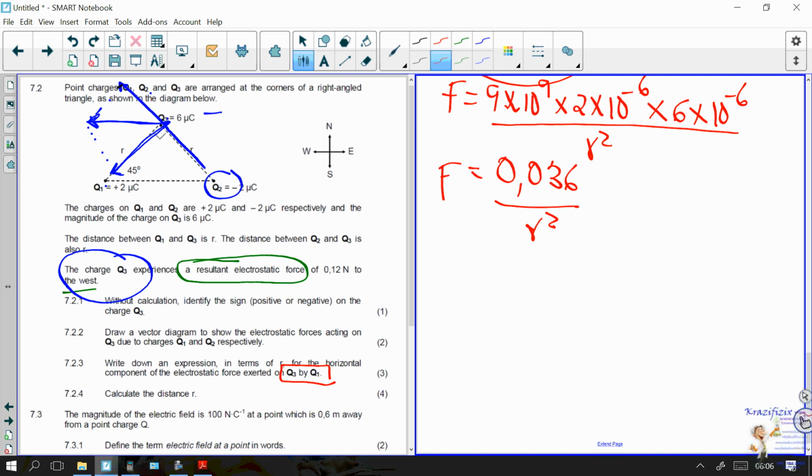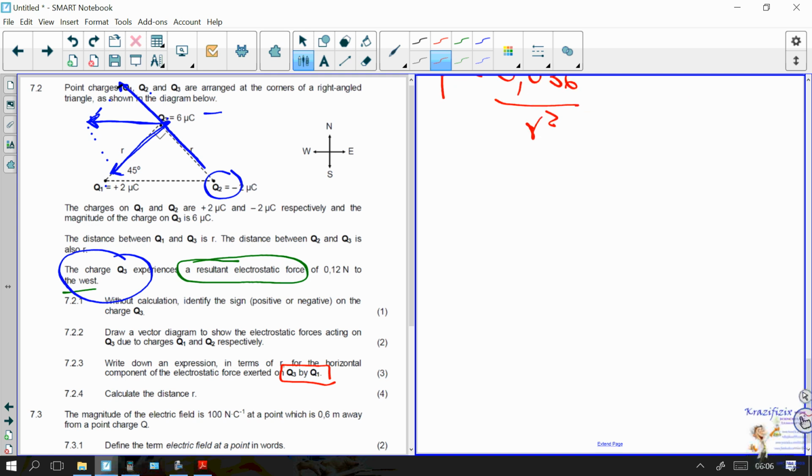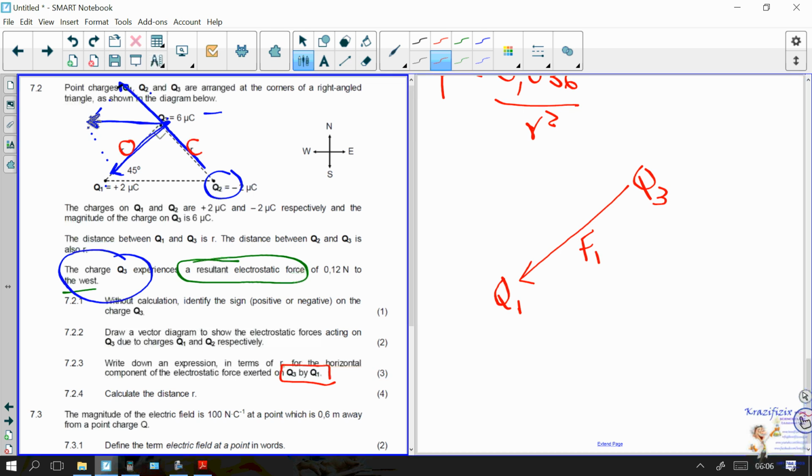I'm going to do something to explain that right now. Here is my Q3 and here is my Q1. There is a force of attraction here, which is what we got, F1. But now, remember that I'm going to come back to my diagram here. If this R is equal to this R, and we are given that this angle is 45, it automatically means that this angle here is 45 as well.